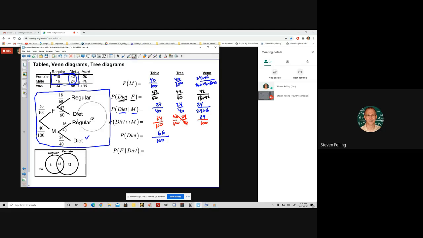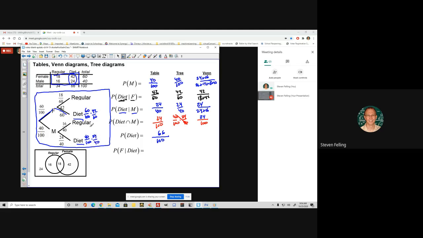So let's find those probabilities. Let me erase this. To get to here on the tree, we have to go this path and this path. So that's going to be 60 over 100 times 42 out of 60, right? And then to get to this place, which is also diet, I have 40 out of 100 times 24 out of 40.